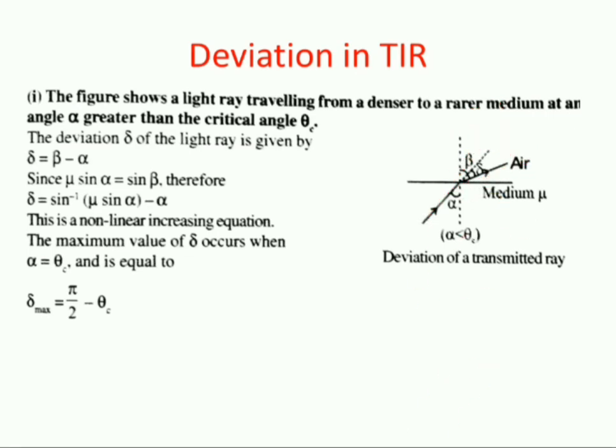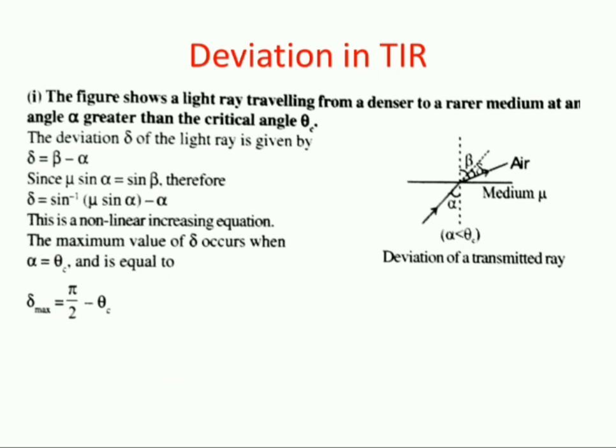So what is deviation here written as? Beta minus alpha. Beta is the total angle made by the refracted ray with the normal, and alpha is the angle of incidence. So using Snell's law, if I write beta as sine inverse of mu sine alpha, then the formula for deviation in terms of the angle of incidence alpha is sine inverse of mu sine alpha minus alpha, and it is a non-linear equation which increases with alpha.